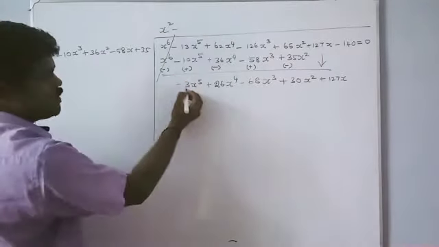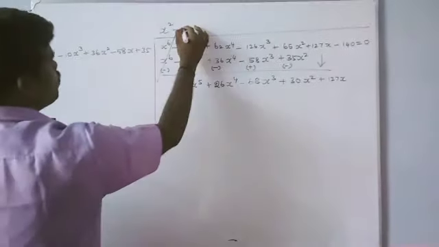Again this term is minus 3x power 5, so take minus 3x.